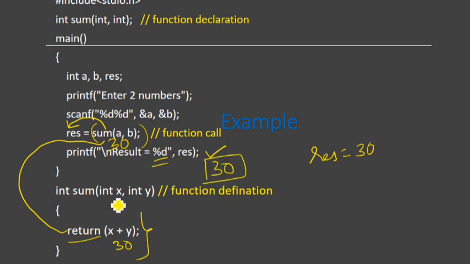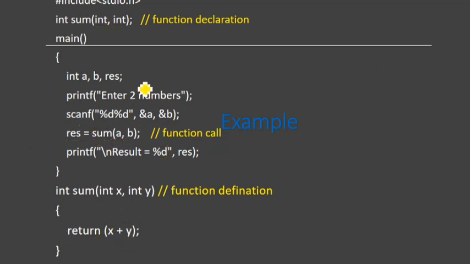So this is function with arguments and function with return value. Function with arguments means these are the arguments, and the function should return the value.